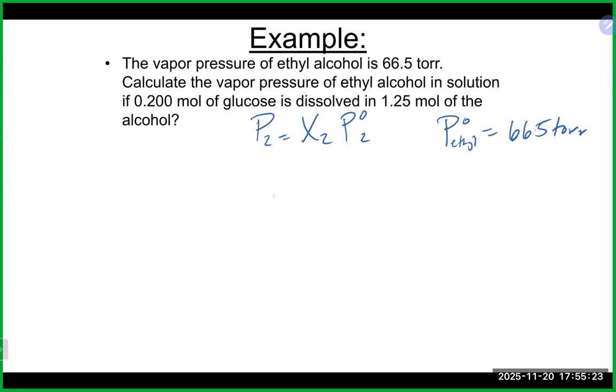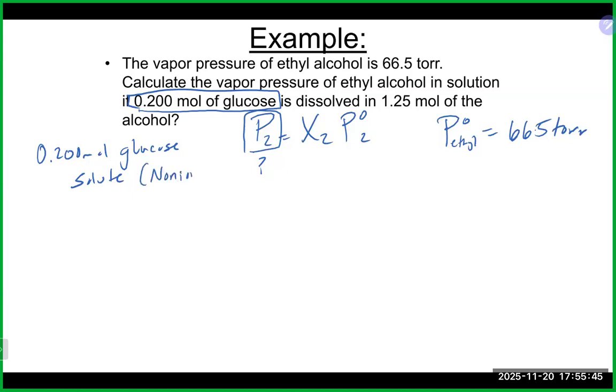We want to calculate the vapor pressure, which would be this guy here, of the ethyl alcohol in a solution that is 0.2 moles glucose. So this 0.2 moles of glucose is our solute we're adding. This is also sometimes referred to as a non-ionic solute.